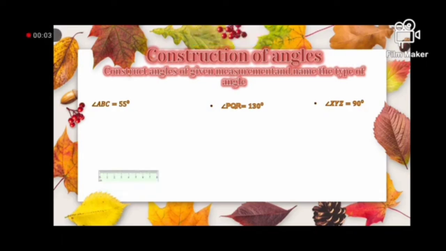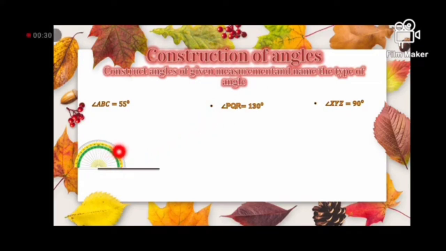First we will draw a line with the help of ruler of any measurement. Then place the protractor at point B and make an angle of 55 degrees. We will count the degrees from 0: 0, 10, 20, 30, 40, 50 and 60.